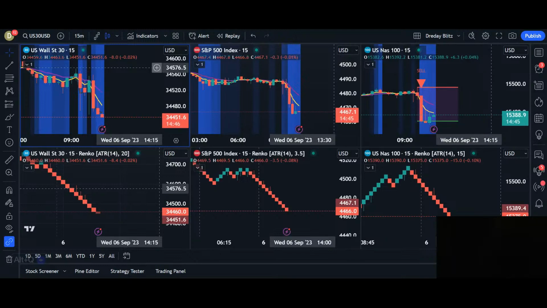Nasdaq is starting to reverse a little bit, but the Renkos are still showing short. So US30 is so far the best setup that we had overall for the day.